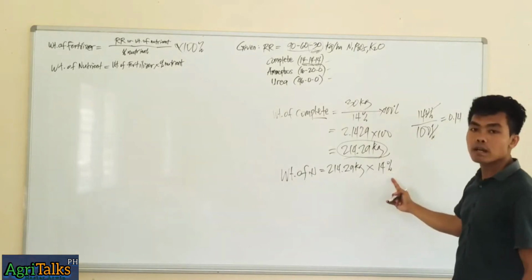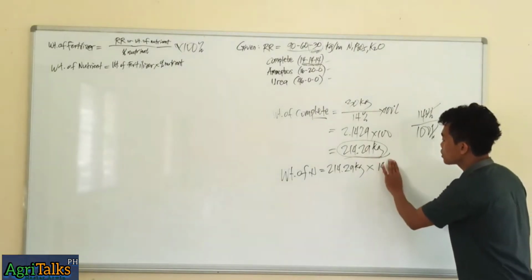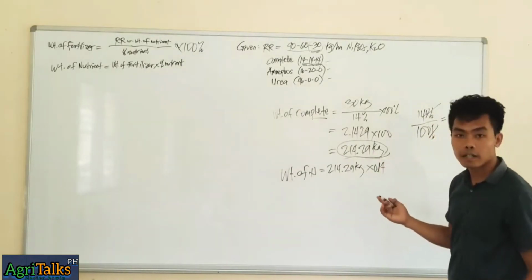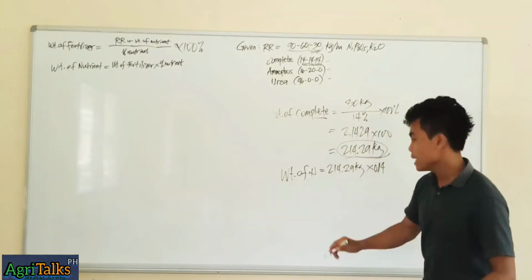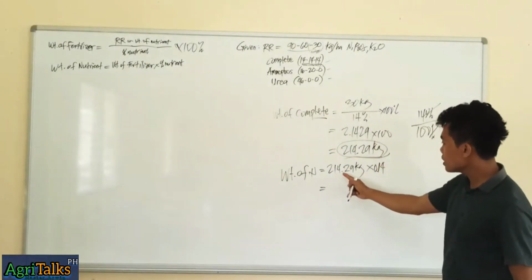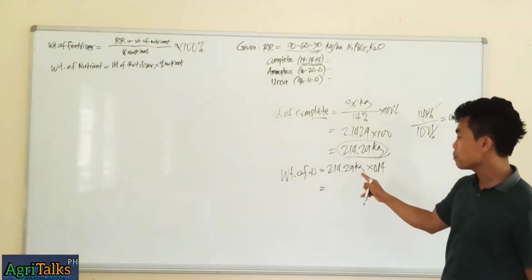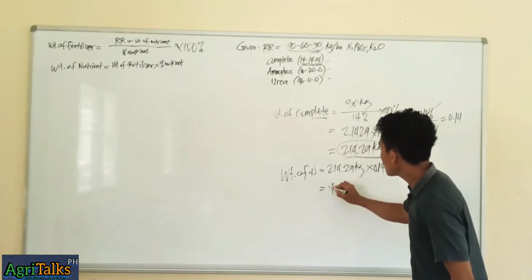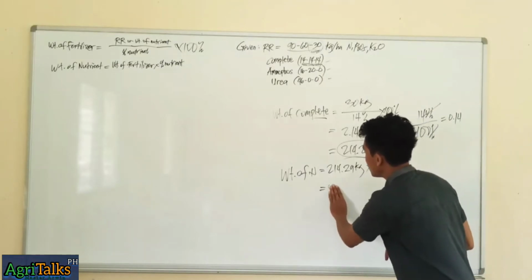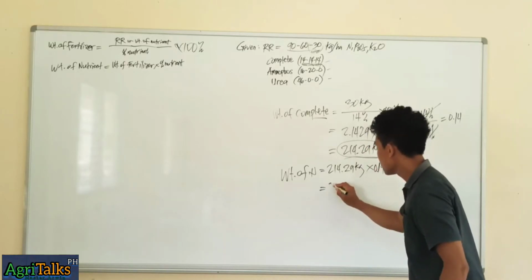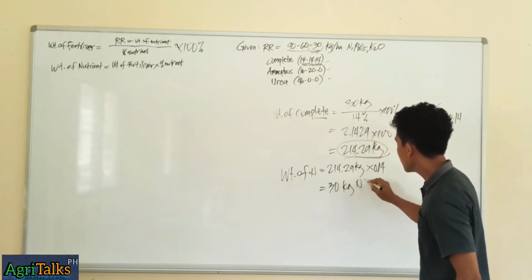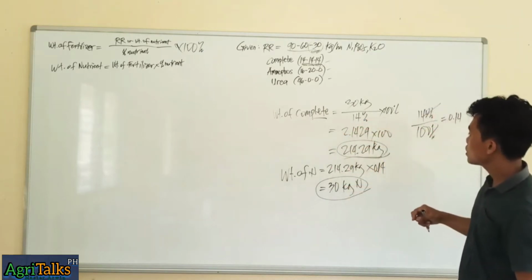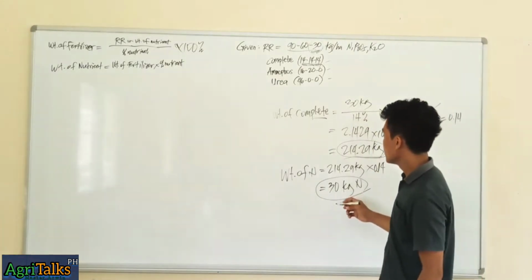So instead of using 14%, we will now use 0.14, so it is easier. So 214.29 kilograms times 0.14 would be 30 kilograms nitrogen. So you apply 30 kilograms of nitrogen.